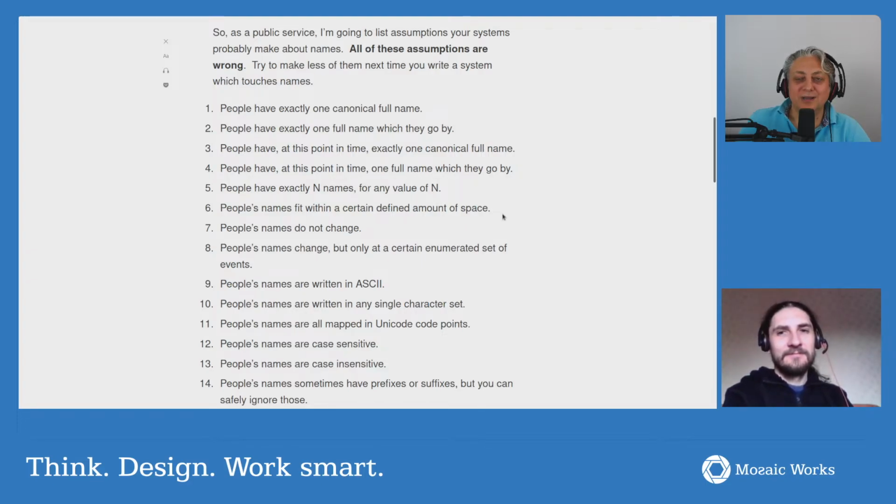Because I know in your databases there is a storage type for string which is variable. It grows depending on how much it needs. I'm thinking now about Spanish names because they tend to put all the ancestors' names there.